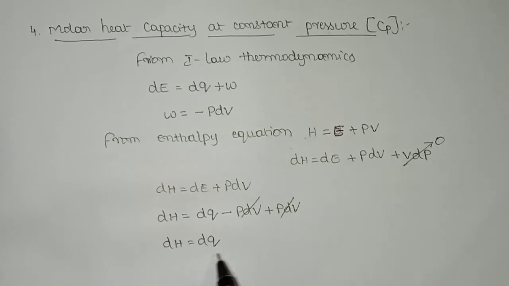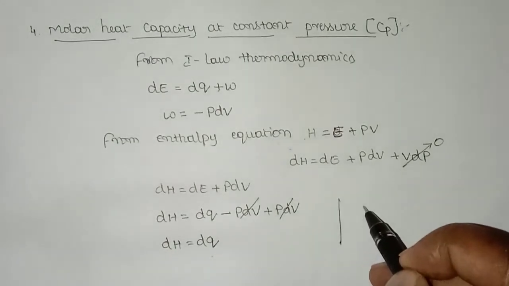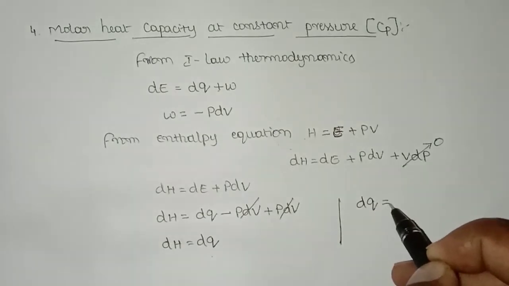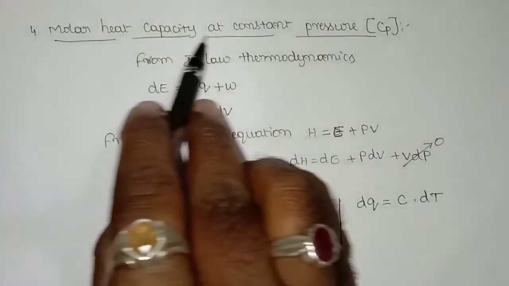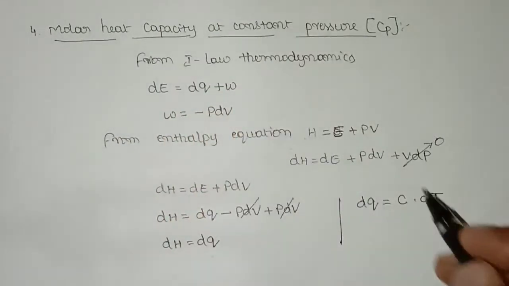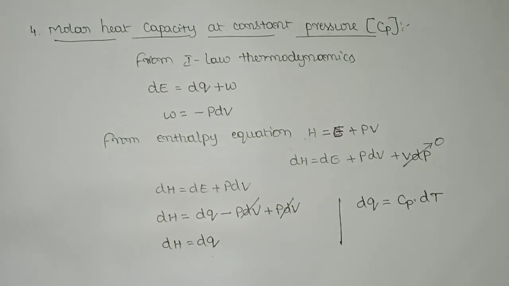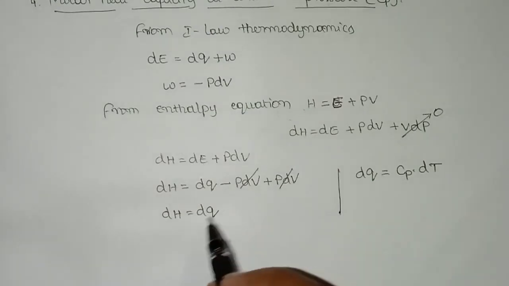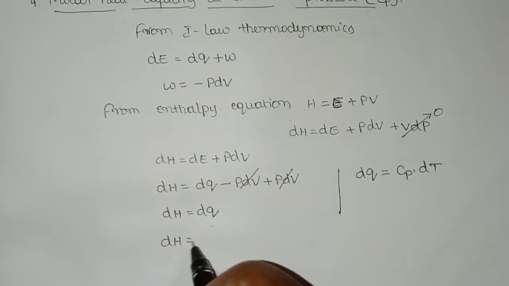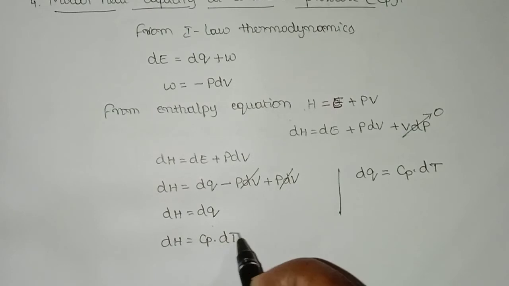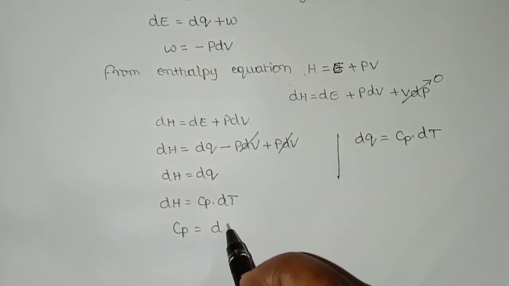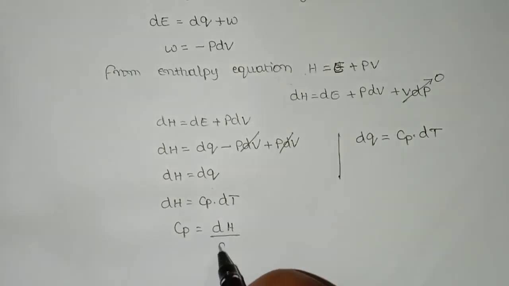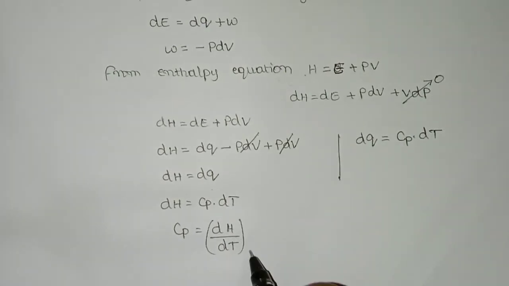But we know that according to the molar heat capacity equation, dQ is equal to C into dT. Here the molar heat capacity is measured at constant pressure, so C will be taken as Cp. So dQ is equal to Cp into dT. So dH is equal to Cp into dT, or Cp is equal to dH by dT, with pressure kept constant.